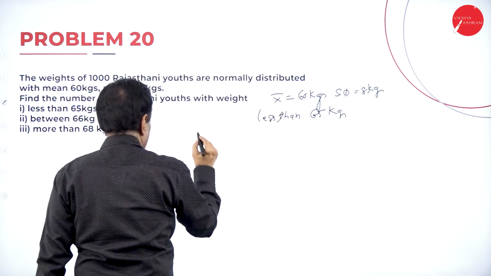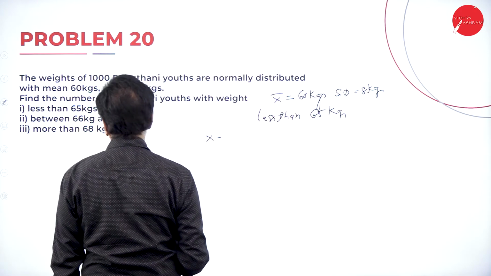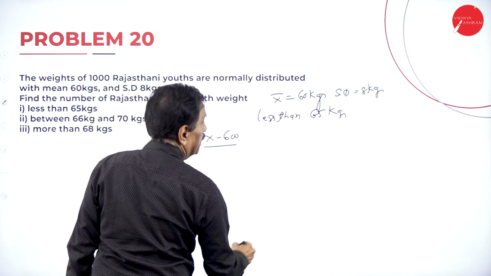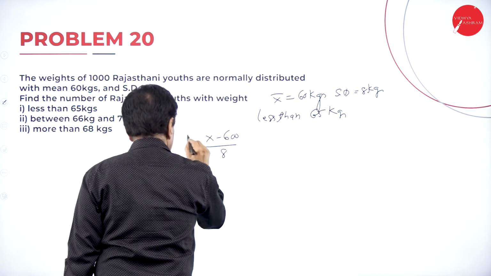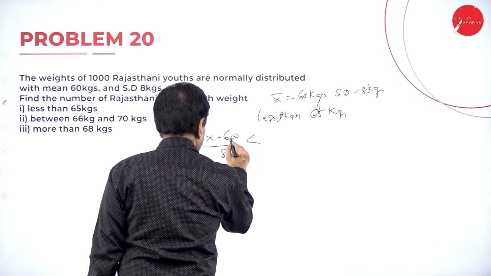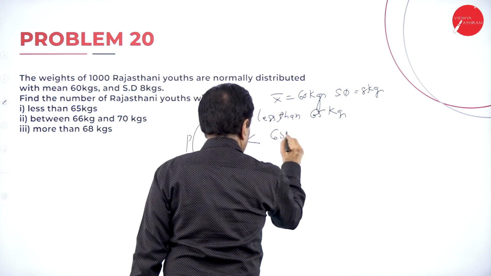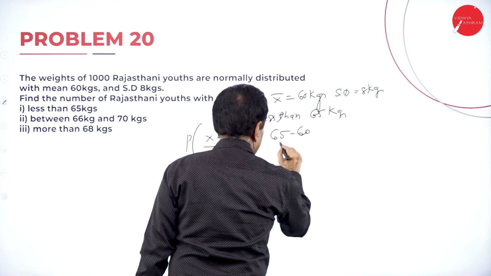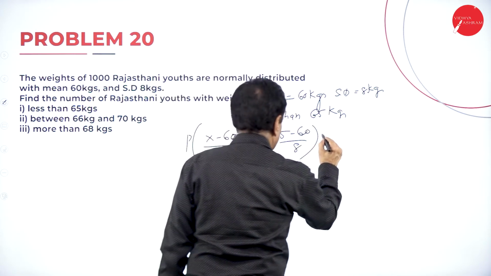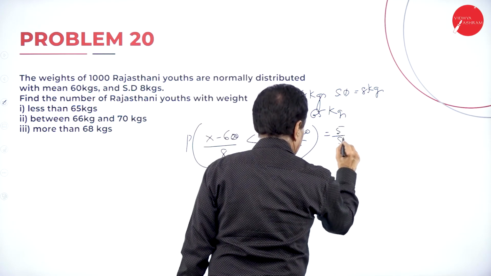Apply: X minus your mean 60 divided by standard deviation 8, less than 65 minus 60 divided by 8, is equal to 5 divided by 8.